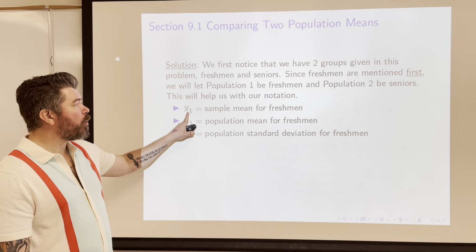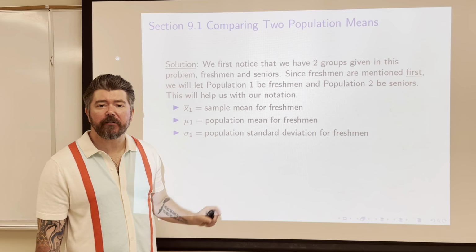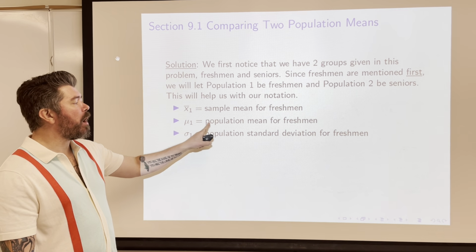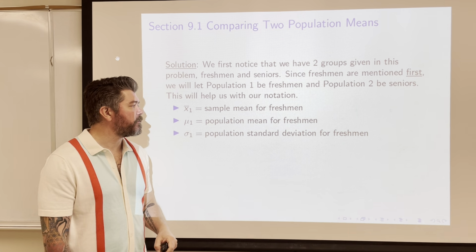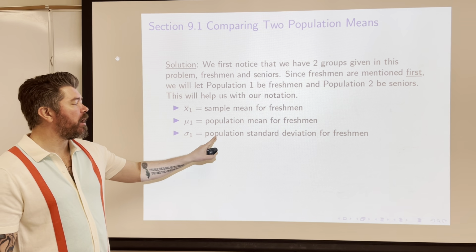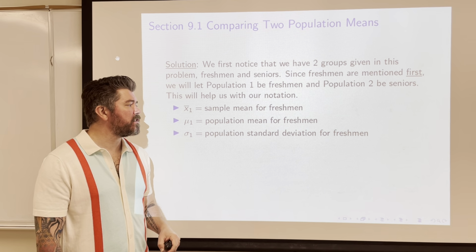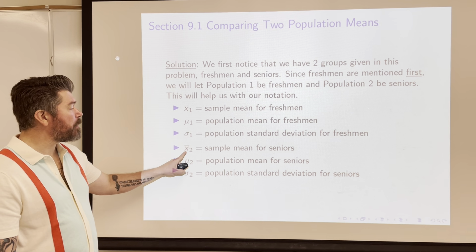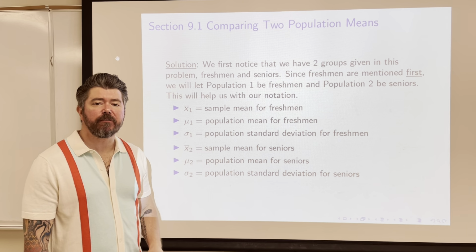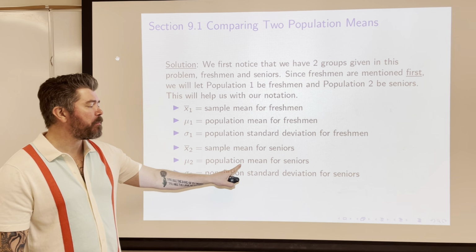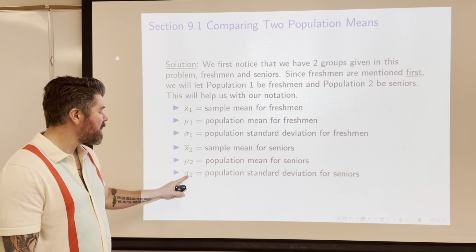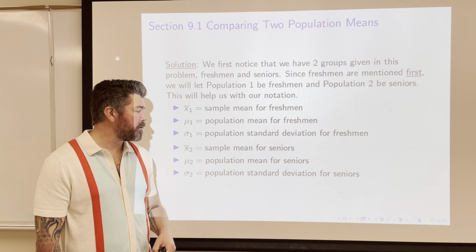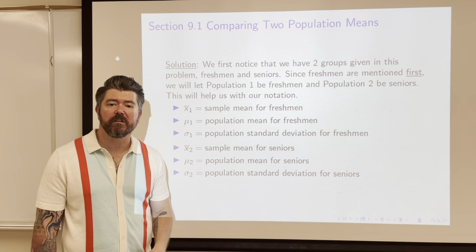So x bar 1 is going to be the sample mean for freshmen, mu1 is the population mean for freshmen, and sigma 1 is the population standard deviation for freshmen. Similarly, x bar 2 will be the sample mean for seniors, mu2 the population mean for seniors, and sigma 2 the population standard deviation for seniors.